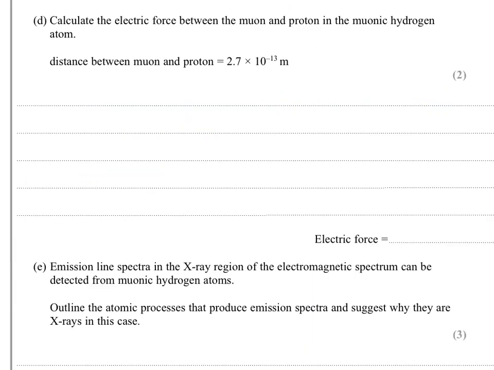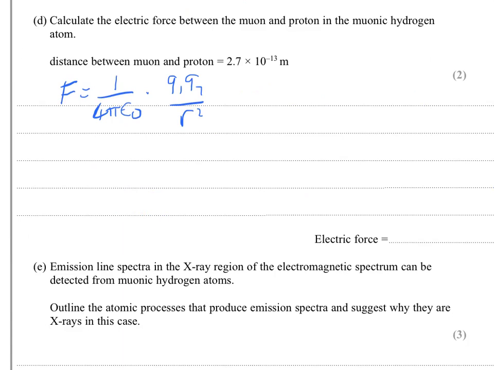Okay, 14D. Calculate the electric force between the muon and the proton in the muonic hydrogen. The distance between the muon and the proton is 2.7 times 10 to the minus 13 meters. So the force between charged particles, Coulomb's law, 1 over 4 pi epsilon naught, Q1, Q2 over R squared.